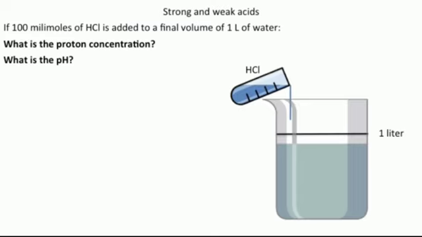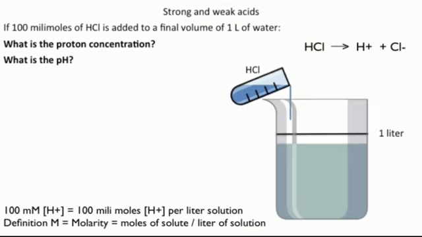These are the most basic understandings you'll need. Hydrochloric acid is a strong acid, which means the proton and the chloride completely dissociate. So if you add 100 millimoles of HCl, you've added 100 millimoles of protons. That means in 1 liter there's 100 millimoles, which makes the concentration 100 millimolar in protons.